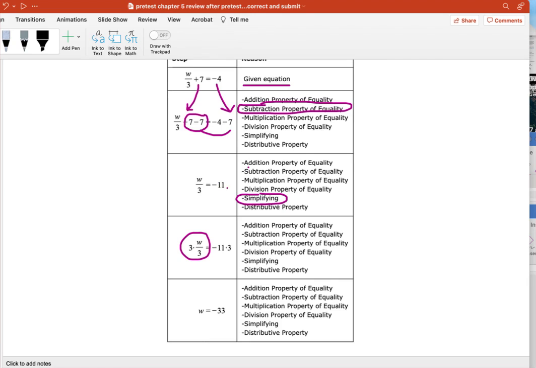They take the -11 and it turns into -11 times 3. Aren't they just multiplying both sides by 3? Multiplication property of equality. And then if we cancel the 3 and the 3, we get the w. If we multiply the -11 times the 3, we get -33. We're just simplifying again.